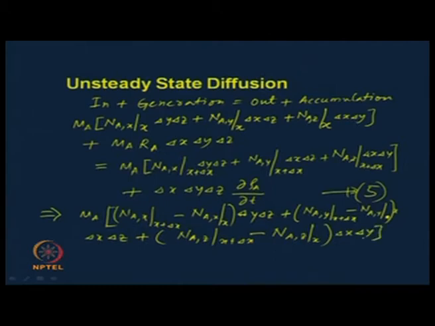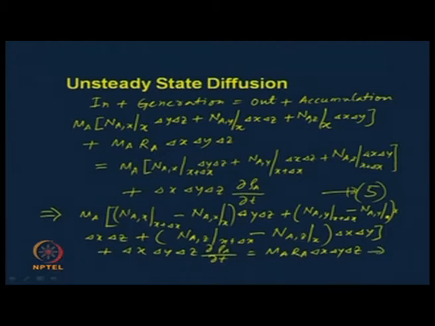So, this is the first term, and then plus delta x delta y delta z del rho_A by del t is equal to M_A R_A delta x delta y delta z.